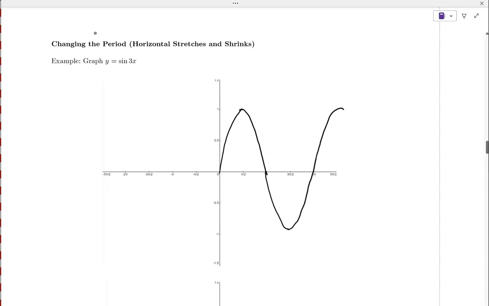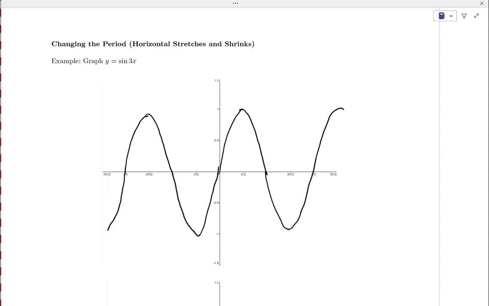And then do the same thing on the other side. Something like that. That's what the original graph looks like.